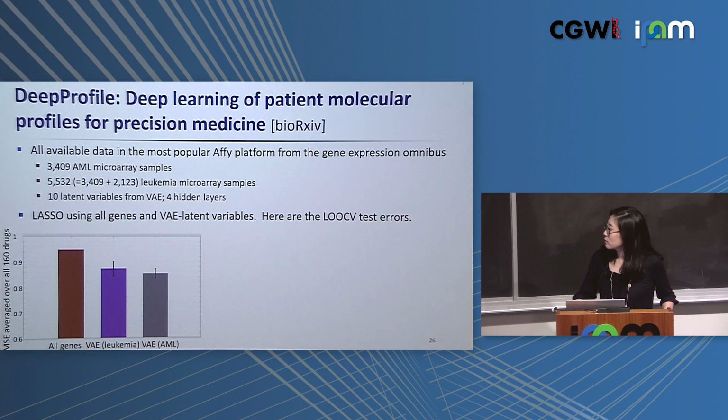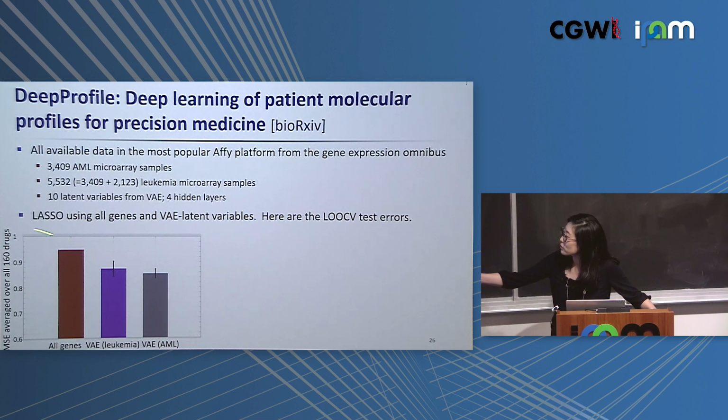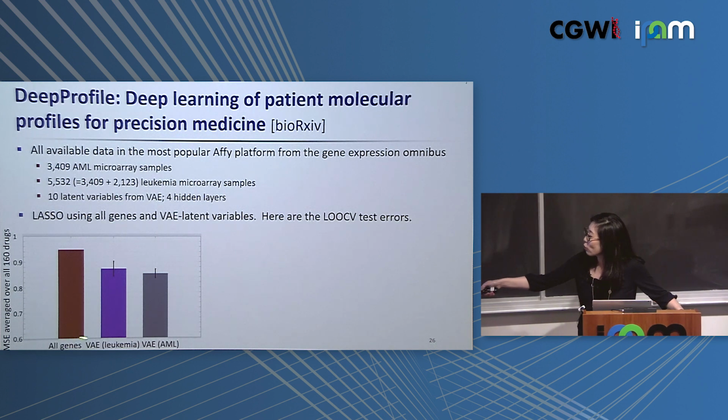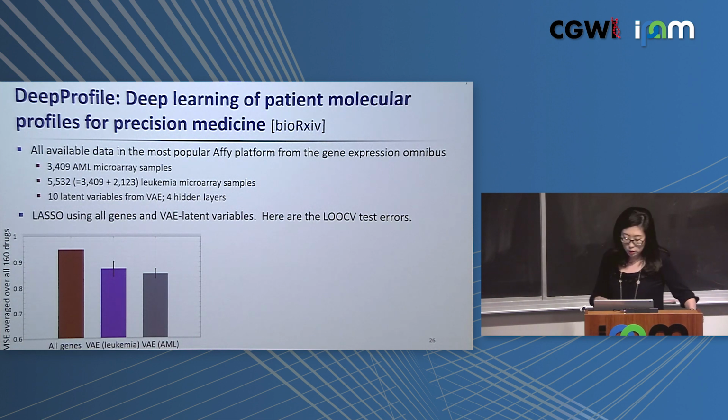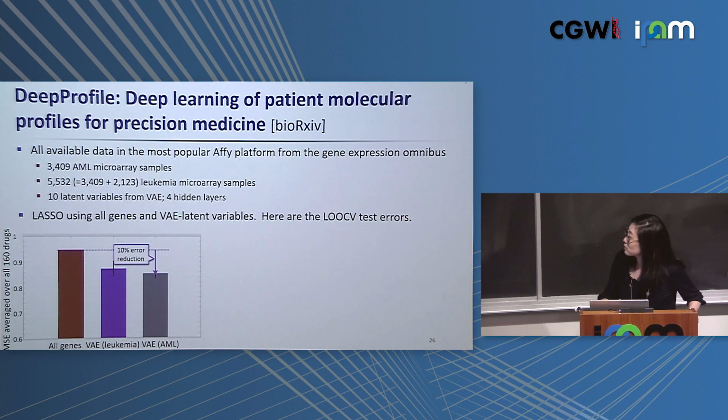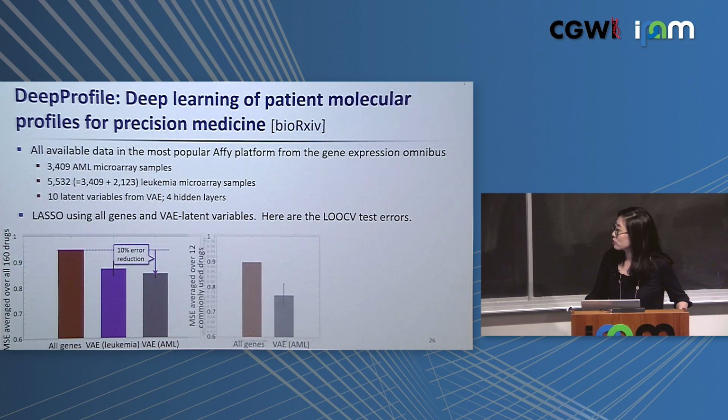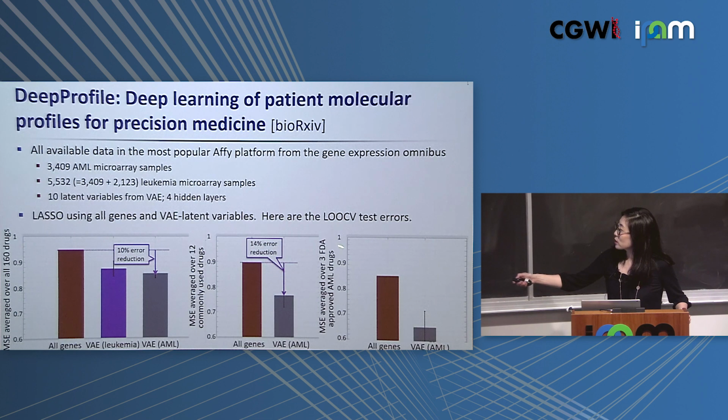Here is the leave-one-out cross-validation test result across all 160 drugs. You can see that when you use all genes versus when you use a VAE, you see 10% error reduction when you consider only a small subset of drugs that are widely used in cancer, the FDA-approved drugs used in AML.